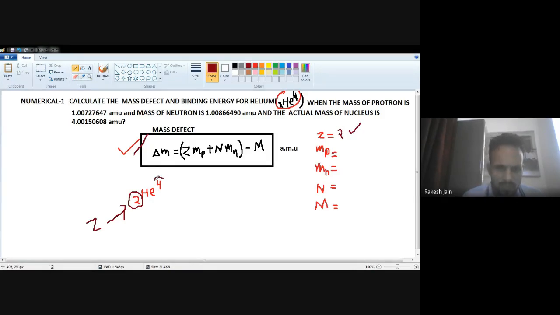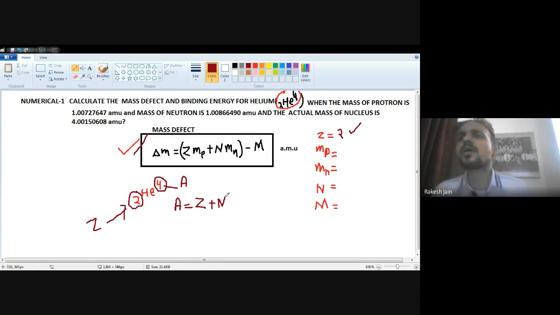Now this upper term is the atomic mass, which is given as A, that is equal to the number of protons plus the number of neutrons. That is Z, the number of protons, plus N, the number of neutrons. So what is A?